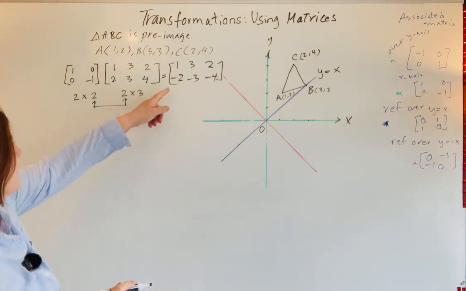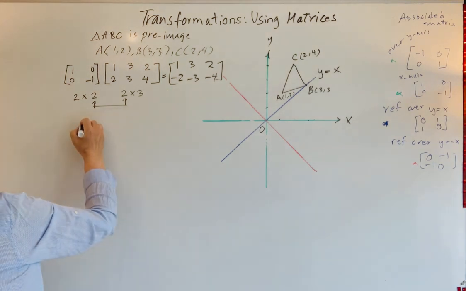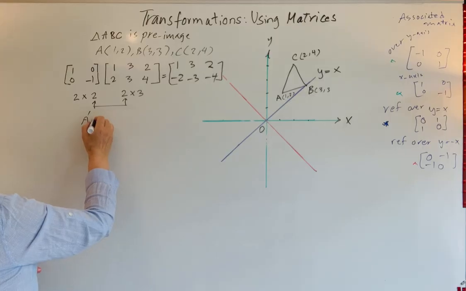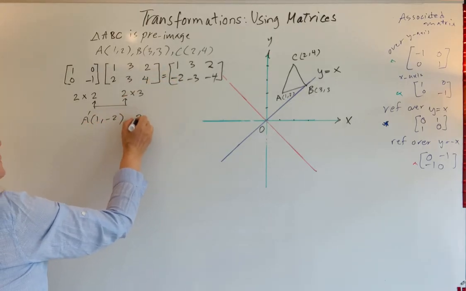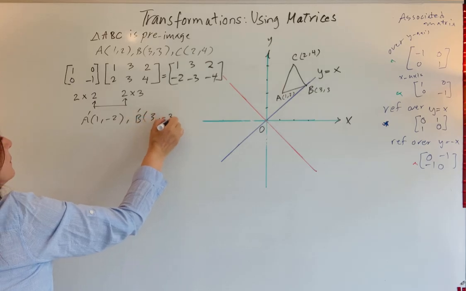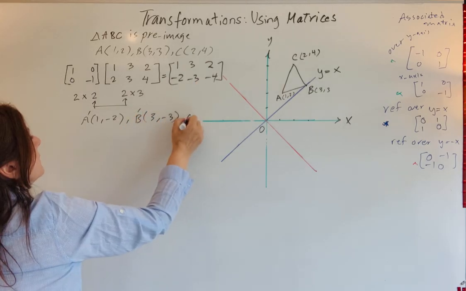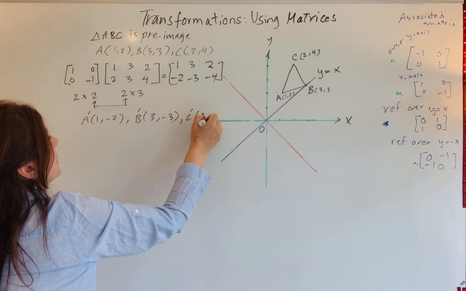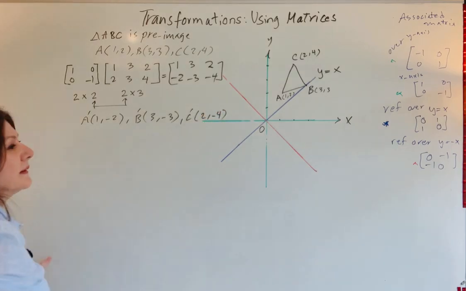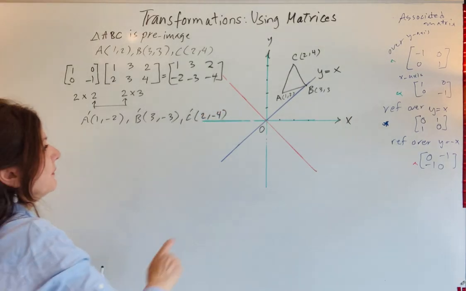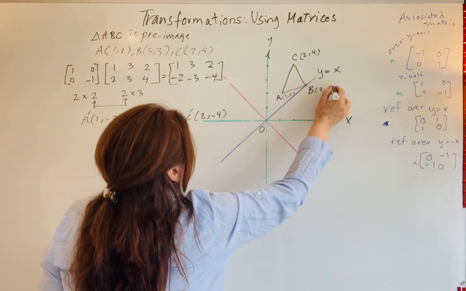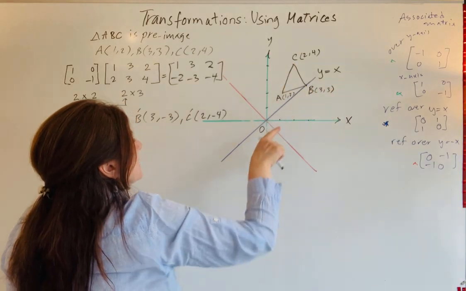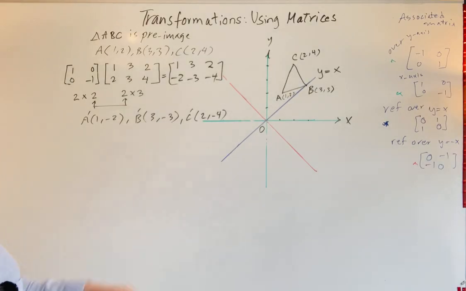How can we write this? A prime is 1, negative 2, B prime is 3, negative 3, C prime is 2, negative 4, right? We did this before: we keep the x's and use the opposite sign of the y's.